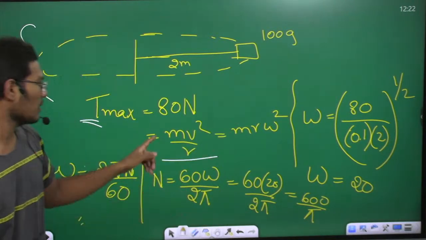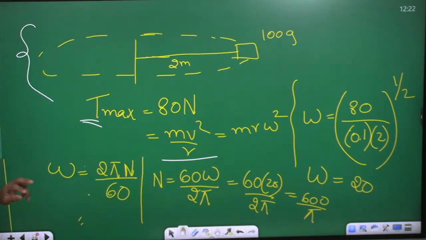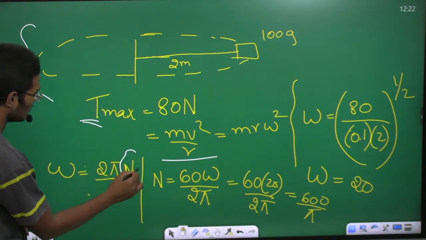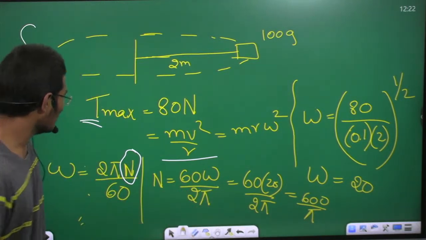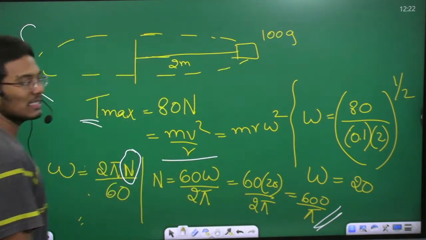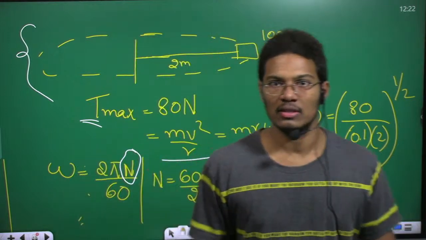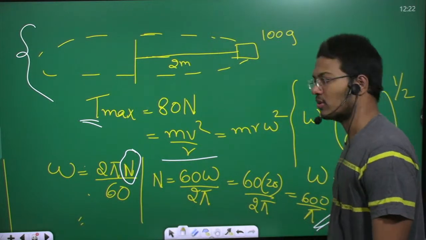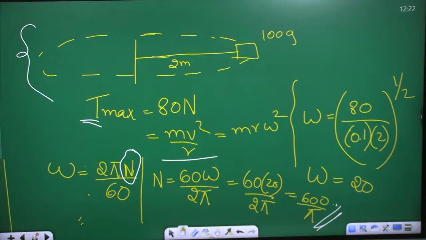So from this we found omega, then omega is equal to 2 pi n by 60, n is being asked. So n is nothing but 60 omega by 2 pi, and n we got as 600 by pi. It is asked in terms of k by pi. So k is nothing but 600, okay? Right. Let's move to next question.